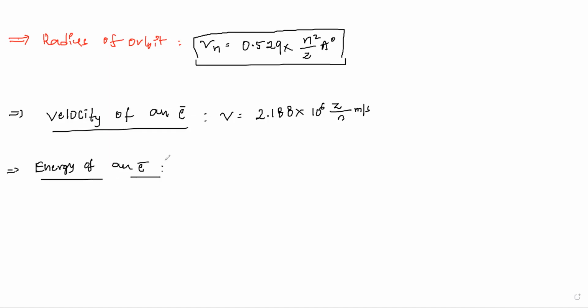The energy of an electron equals minus 13.6 into Z square by n square electron volts per atom.